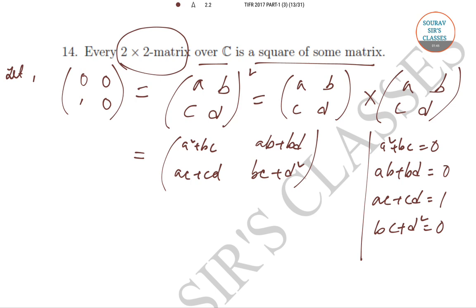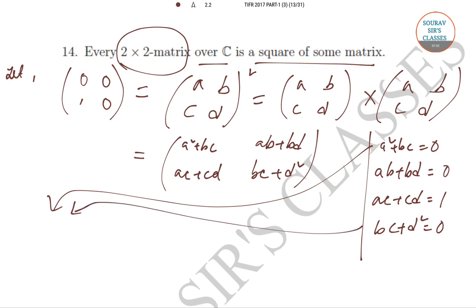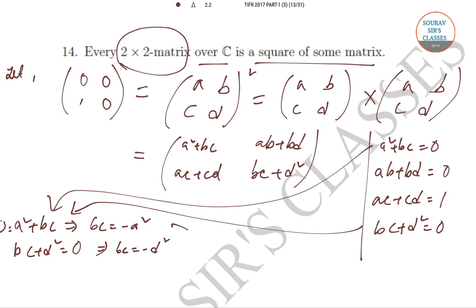So when we use all these conditions: A square plus BC equal to 0 implies BC is equal to minus A square, and BC plus D square equal to 0 implies BC is equal to minus D square.